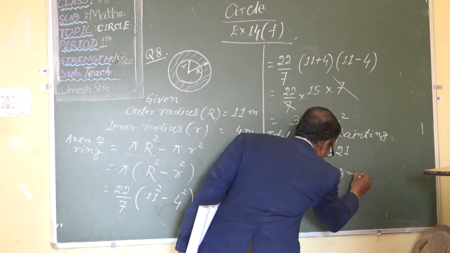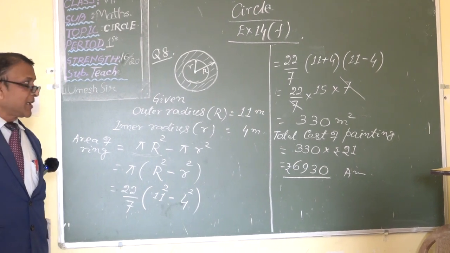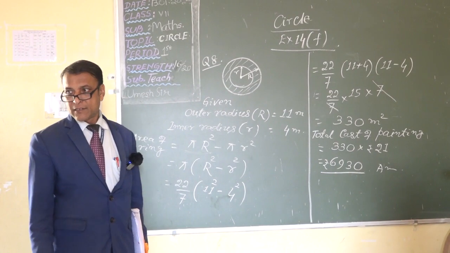This is your answer. So 6,930 rupees will be needed for painting this circular ring.